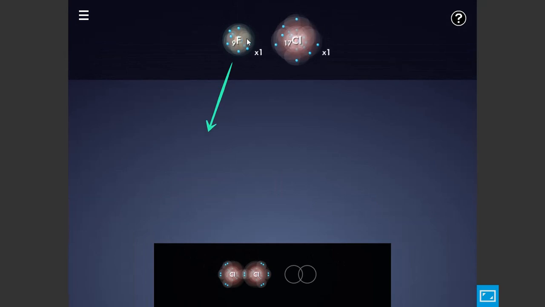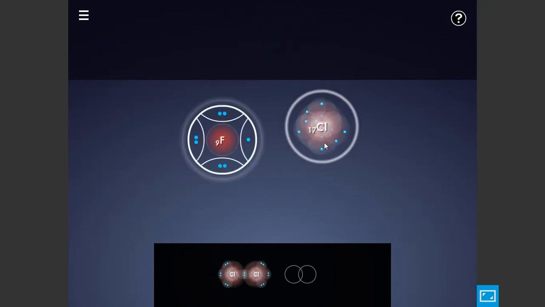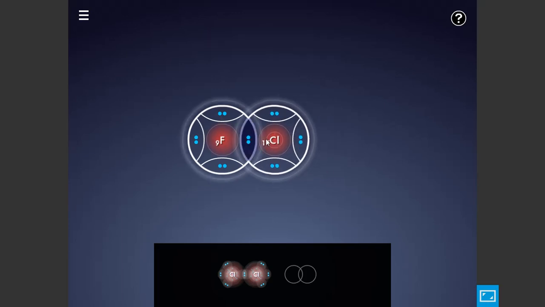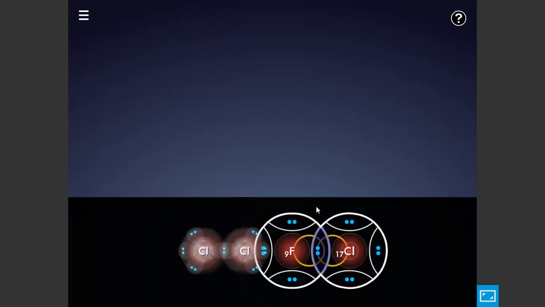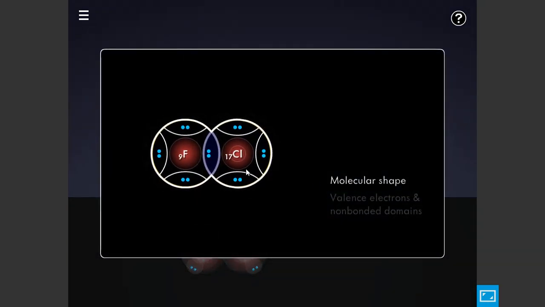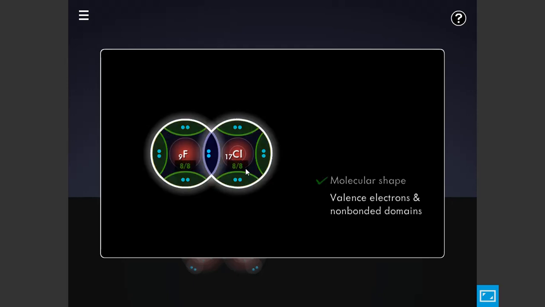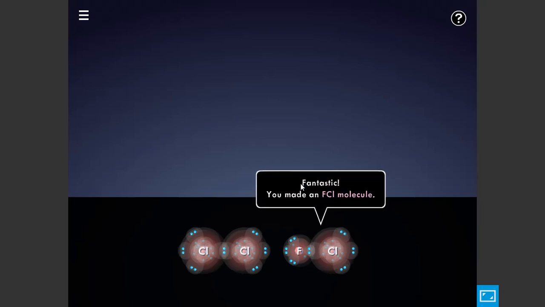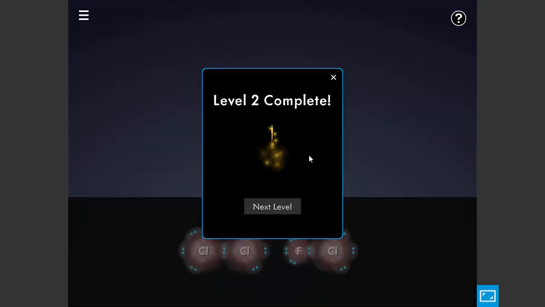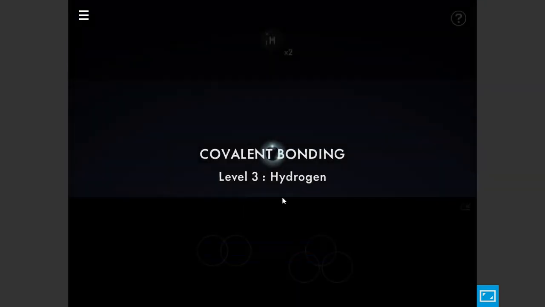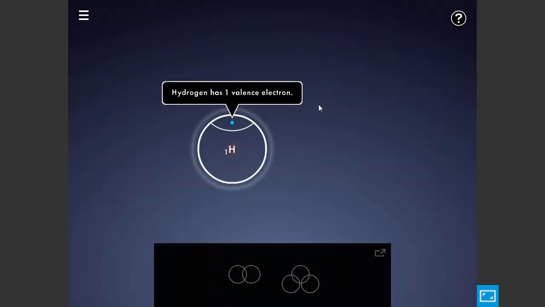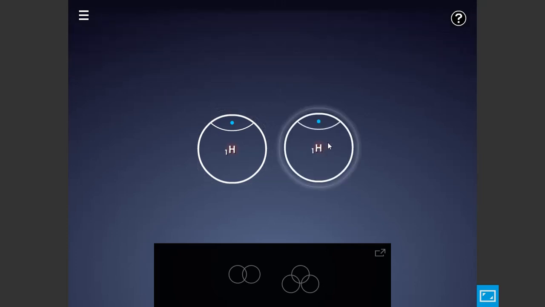Okay. Here they want us to make another one. This one is fluorine and chlorine. Now they're paired. Whenever you see one pair, that's basically one bond, one single bond. Okay, now for level 3. Hydrogen only has one valence electron.